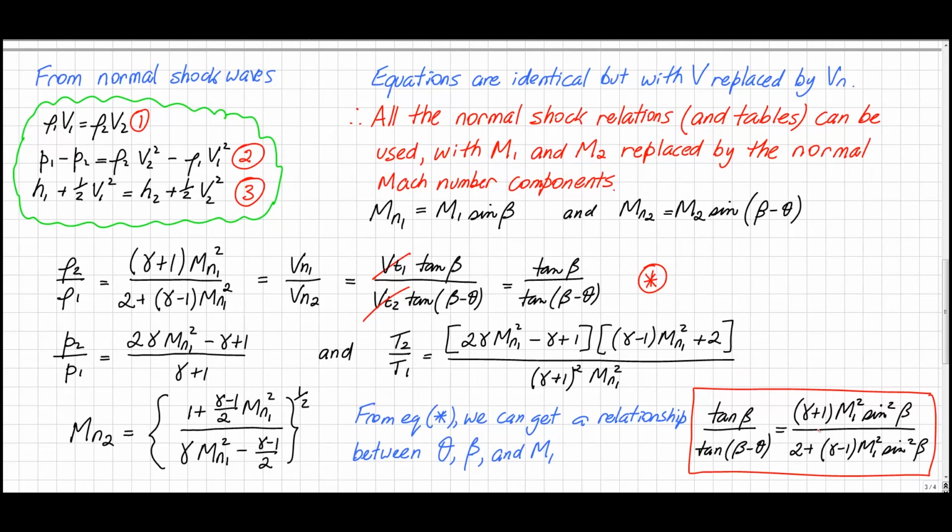We also have an expression for the component of Mach number downstream of the shock wave, Mn2, and we can use that with the shock angle beta to find the value of M2. Finally, at this point, we have a relationship between theta, beta, and M1, the flow deflection angle, the shock angle, and the upstream Mach number. It's this final relationship that will be the focus of the next video.